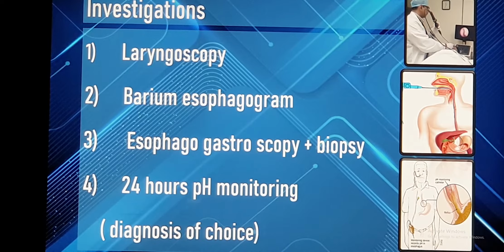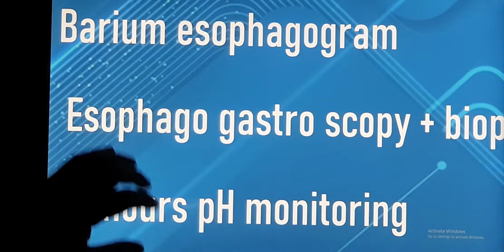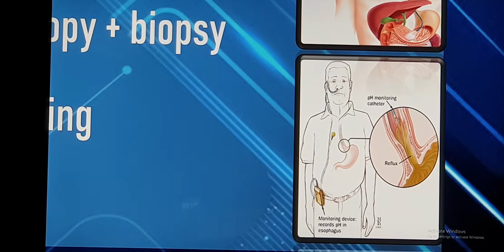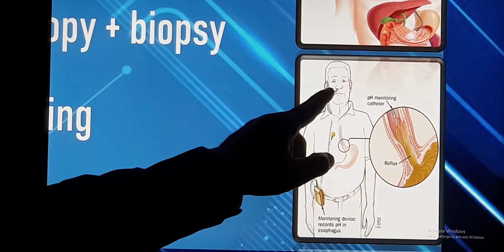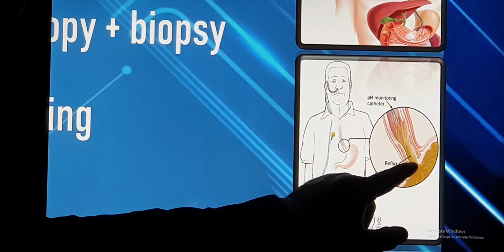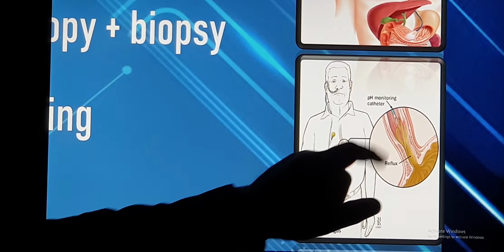Now, the next step: in spite of all this, if the patient is not becoming okay, and we want to know whether the diagnosis is correct and the severity of the gastroesophageal reflux or acidity, we will go ahead and do a 24 hour pH monitoring. As you see in this picture, here we have a small monitoring device, and there is a small tube which passes from the nasal cavity into the esophagus, and the probe is kept just above the lower end of the esophagus.